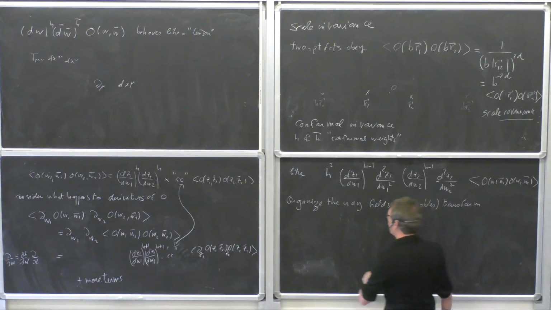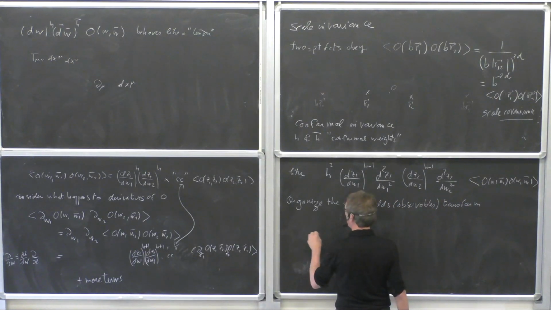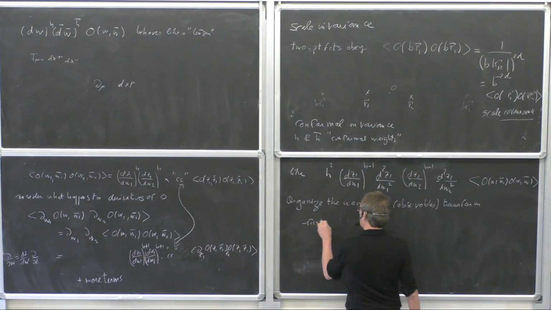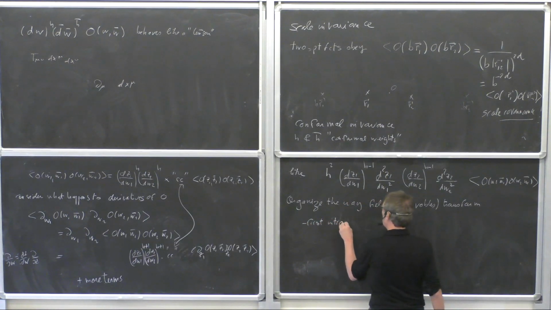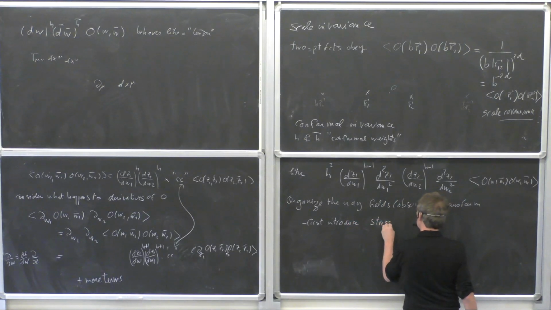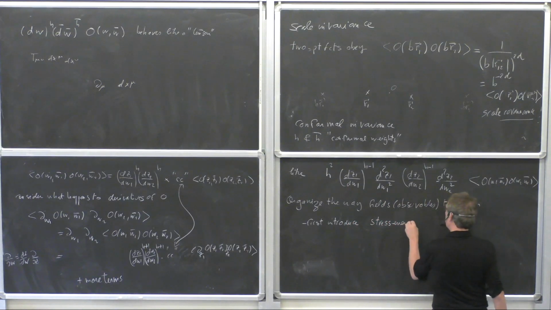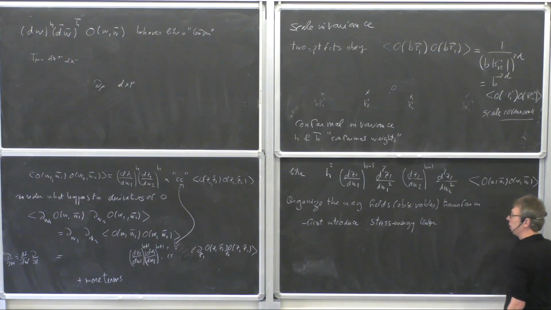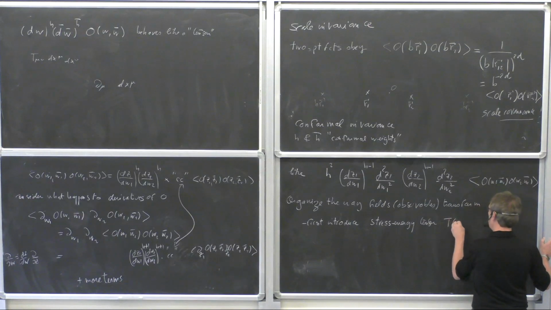So the way to organize the way the observables transform is first introduce something that's called a stress energy tensor. I will explain physically what it means a little bit later. For now, let's just think of it as a particular field in the theory, T of z.